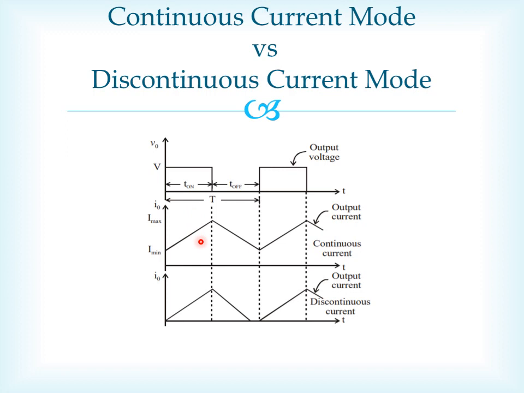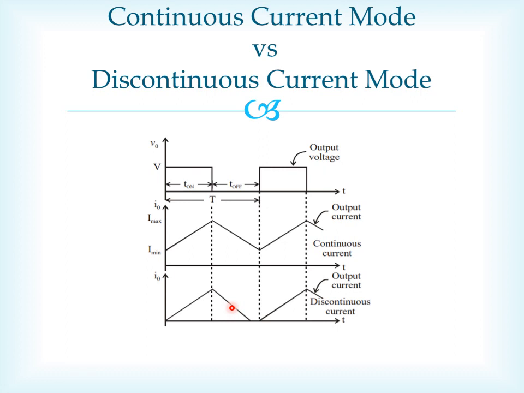Second thing is that in a continuous current mode, we put the condition that current in the inductor will never fall to 0, which means that it will never go back to its initial state, which is the state when we have just switched on the circuit, only at that time the current through inductor was 0.